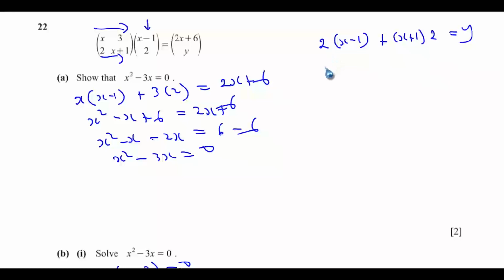Let's expand this. We have 2x minus 2 plus 2x plus 2 equals y. If we collect like terms, 2x add 2x will be 4x, and minus 2 add plus 2 will be 0. So we have 4x equals y.